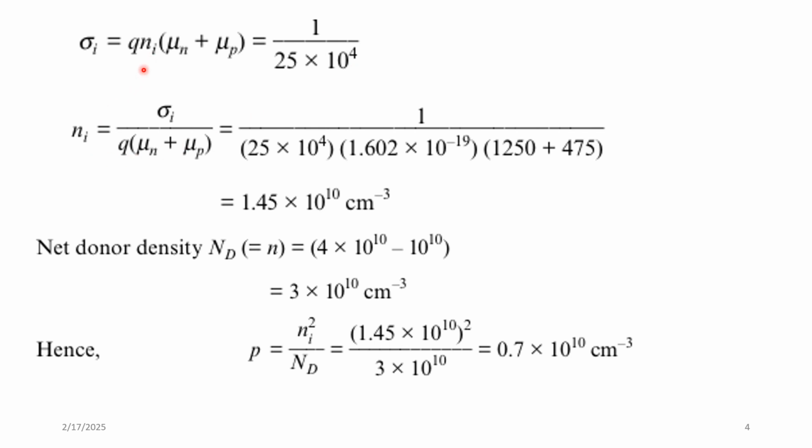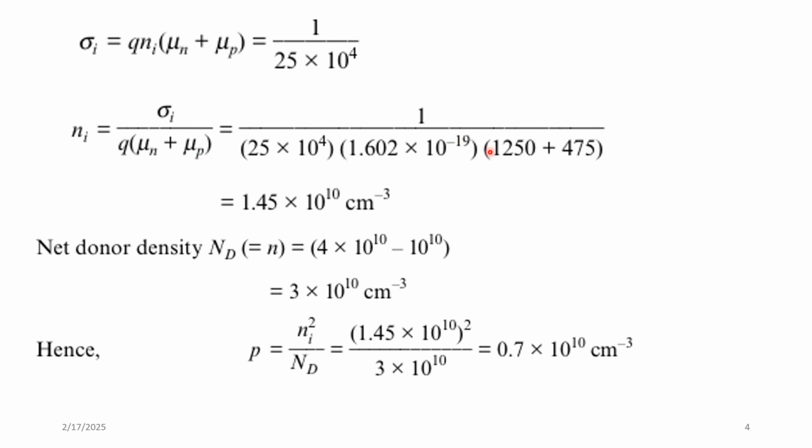So from this equation I am taking the ni equation, ni as sigma i divided by q into mu n plus mu p. These two are given values, and we are considering q as the electric charge value 1.602 into 10 power minus 19, and then we are substituting the given values of mu n and mu p.